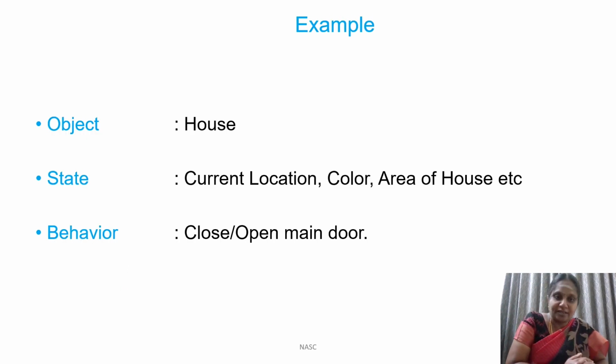Here we are considering house as an object. What are the properties for an object house? The location, the color, the area of the house, etc. What are the possible operations that we can perform over this object house? Open the main door, close the main door. So we can call this house an object.